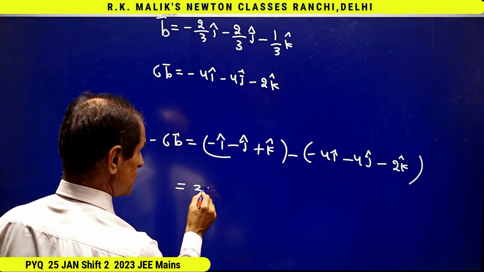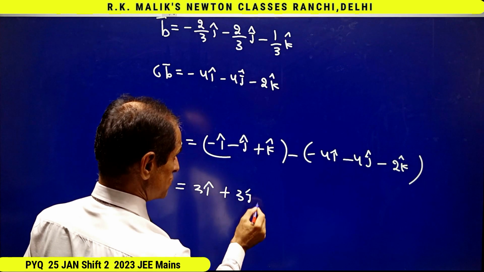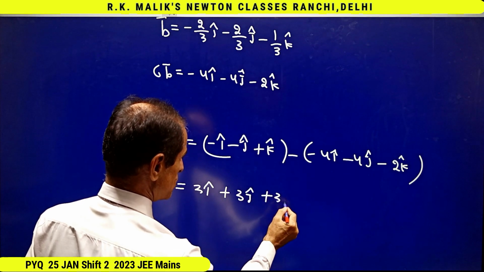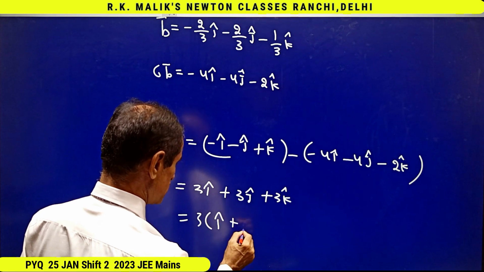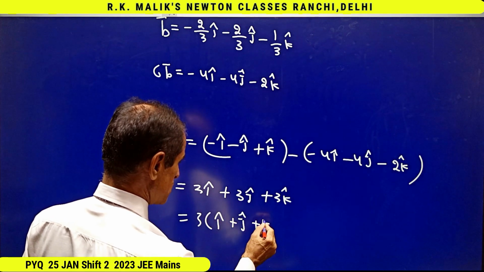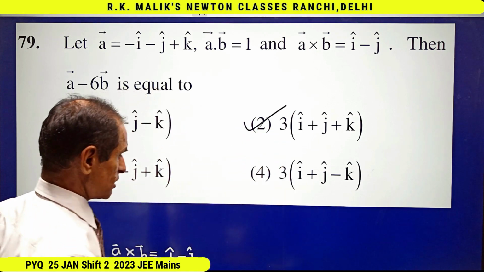That is 3I plus 3J plus 3K, that is 3 into I plus J plus K. Hence, I conclude that second choice is the correct choice.